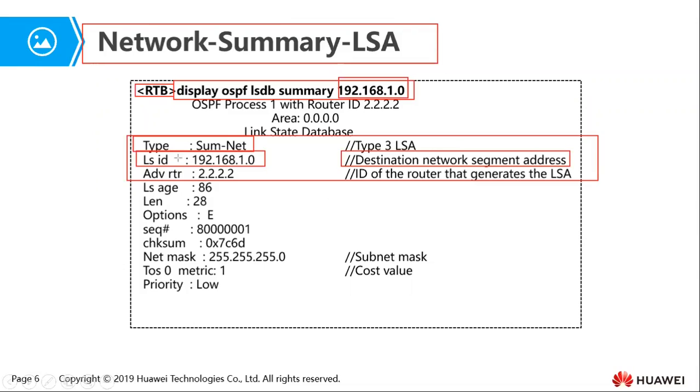When you do that, we see that the network ID for that network is 192.168.1.0. Then the advertising router is the router ID of the router that is actually generating that particular type 3 LSA.